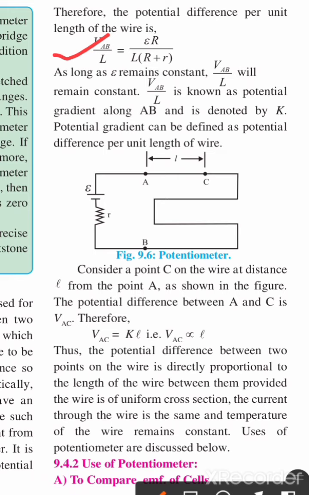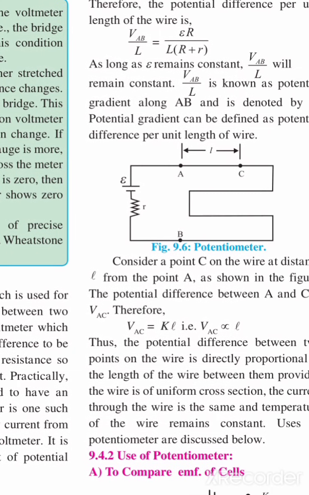If we divide the potential difference across the wire by its length, we get ER upon L into (R plus r). As long as E remains constant, V_AB upon L remains constant. That is, if the EMF supplied by the cell remains constant, the potential difference per unit length of the wire remains constant.